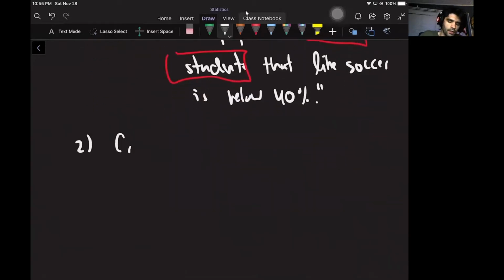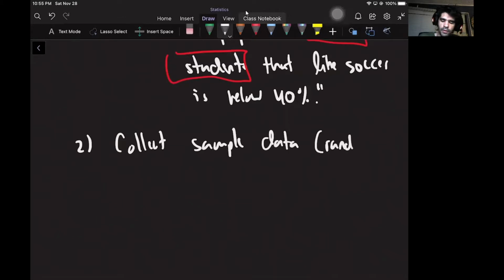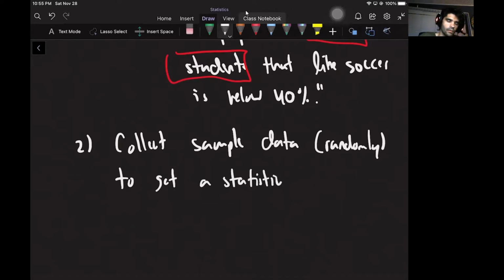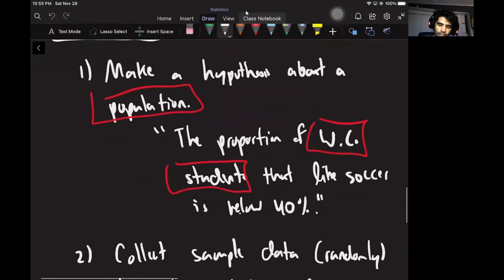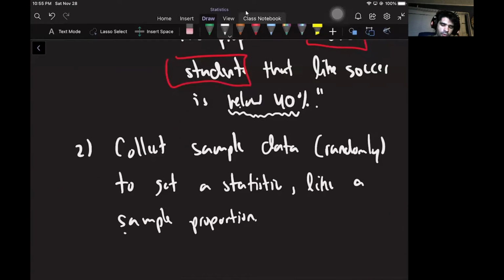So what I can then do is I can collect sample data, and it's got to be done randomly to really be correct, to get a statistic, meaning like a sample proportion. So you see we're claiming something about the actual proportion being below 40%. And so then I am getting a sample proportion.